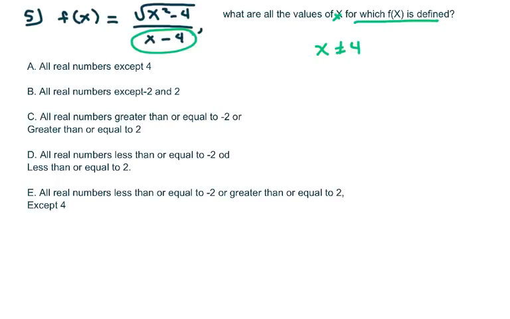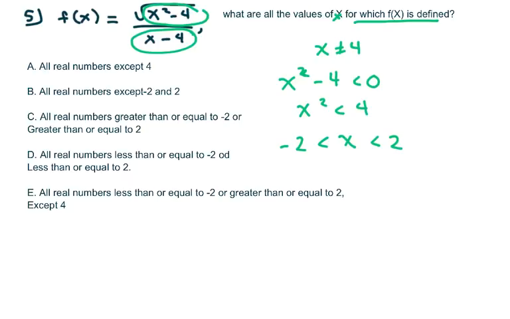And also we have to look at the radical at the top. So in here, x squared minus 4 has to be greater than or equal to 0. Or we can just set it less than 0, so we get x squared is less than 4. So basically, x has to be in between -2 and 2.